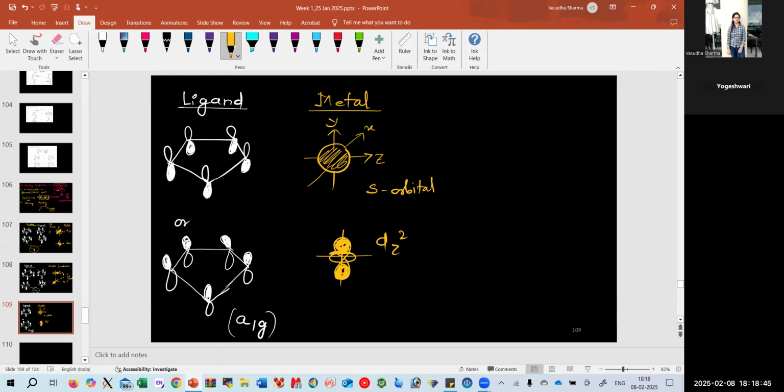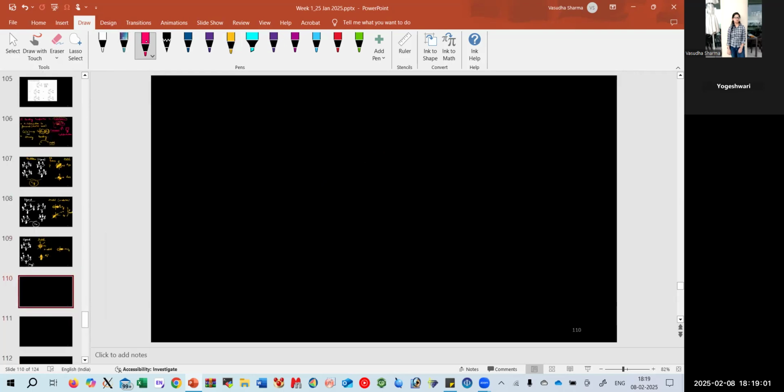Also, it can make a bond with your TZ direction. So in crux, what we have in hand is regarding the bonding in metallocenes.